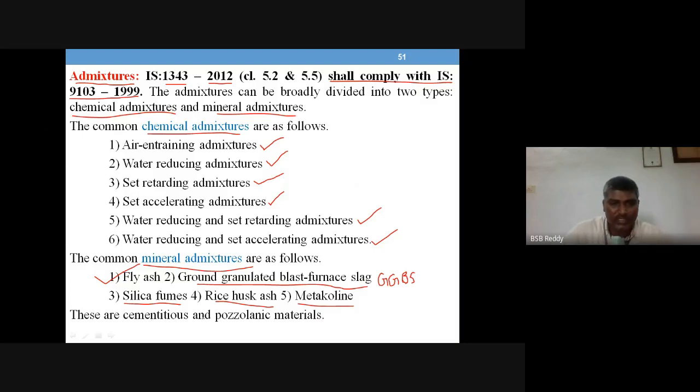So these are cementitious and pozzolanic materials, the mineral admixtures, which you can use in the preparation of pre-stressed concrete.